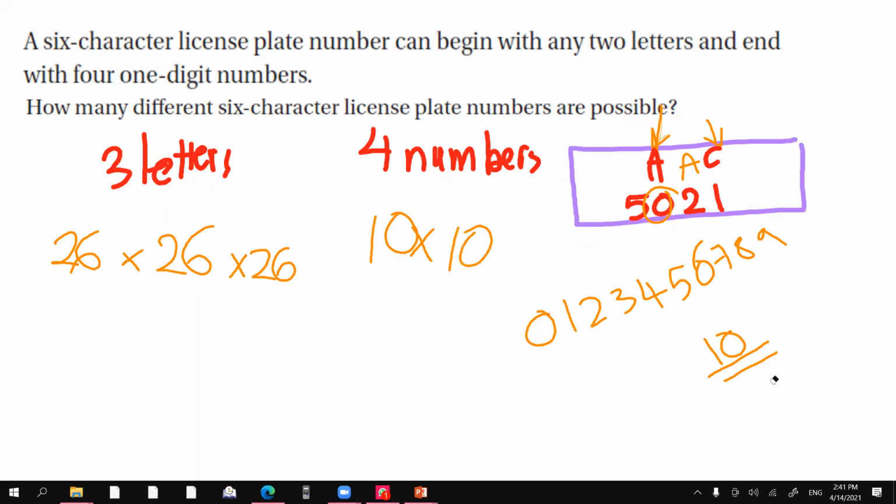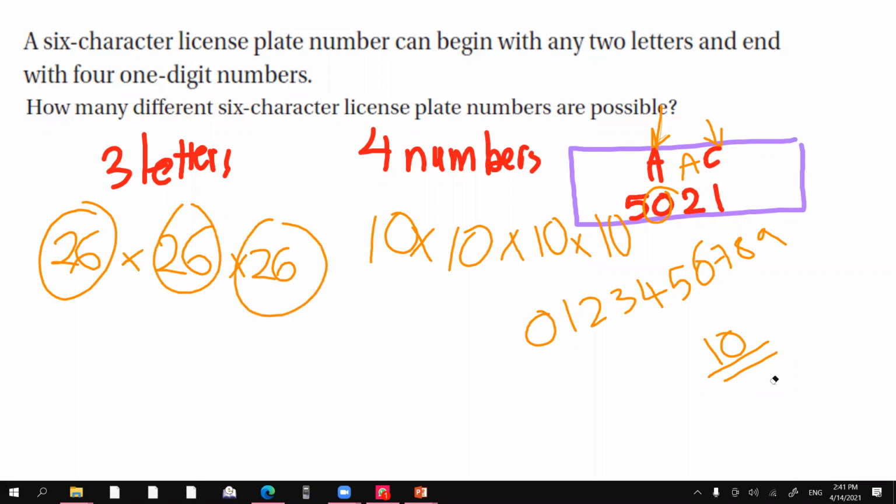If I want to choose number 0, how many choices? Also 10. Number 2? Also 10 again. And number 1, also 10. So if I ask you for 3 letters, you multiply the number of letters 3 times. And if I ask for 4 numbers, you multiply the number of numbers 4 times.